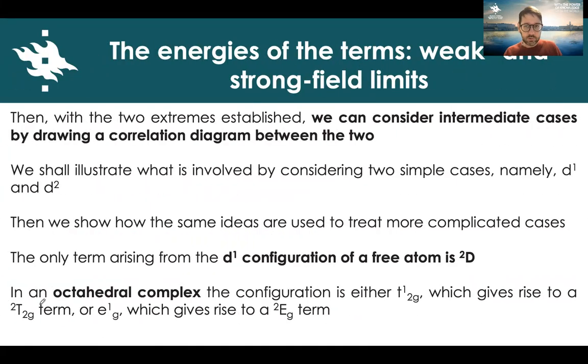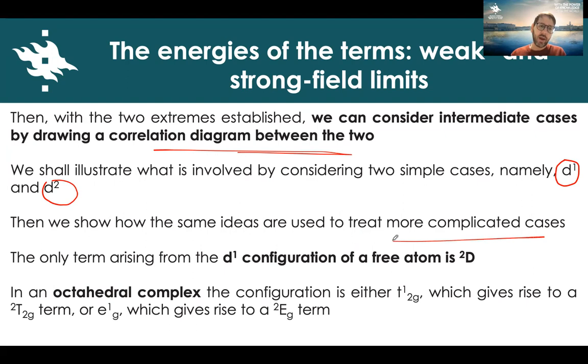Then, after having these two extremes, we can consider intermediate cases by drawing a correlation diagram between these two limits. And we will illustrate this by considering two simple species with d1 and d2 configurations. And then we will see how these ideas can be used for more complicated scenarios.